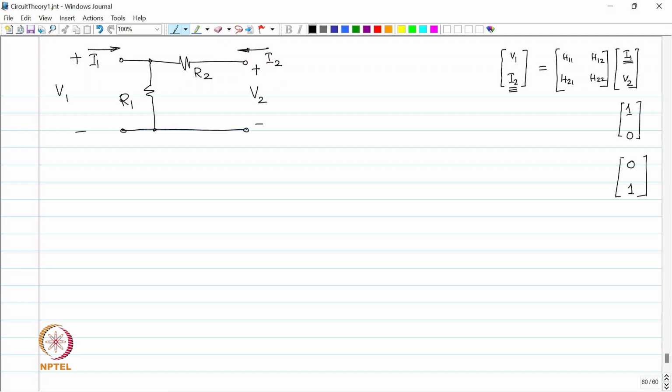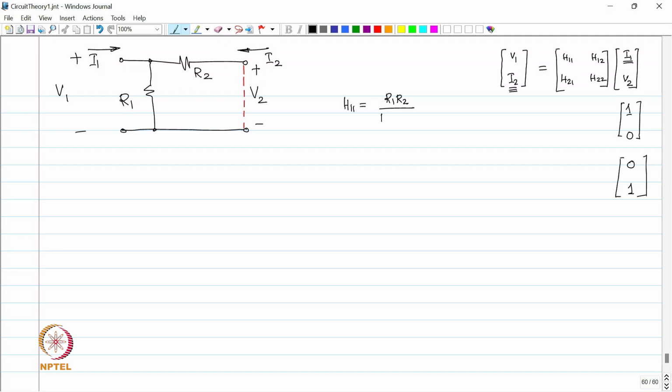I1 is 1 ampere, V2 is 0 volts. So, this is a short circuit. Okay. What is V1? How much is V1 now? So, H11 is equal to, I1 is 1 ampere.